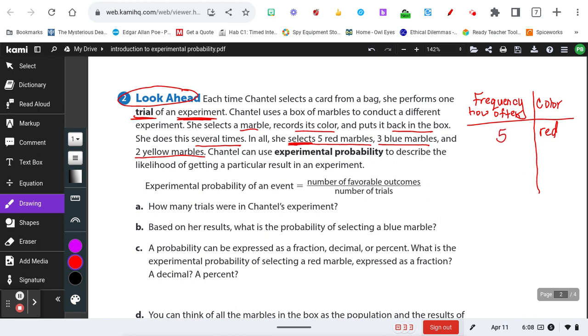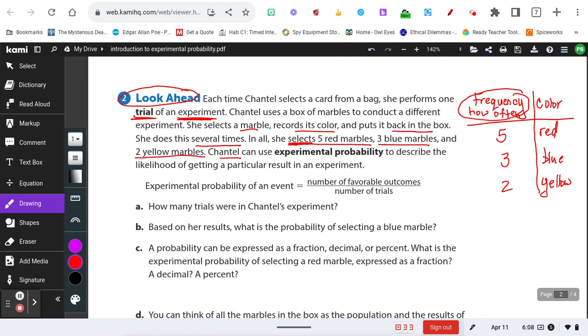She picked it 5 times. For the color blue, how often did she pick the color blue? She picked it 3 times. And for the color yellow, she picked it twice. These are all frequencies. Sometimes your frequencies will be represented with tally marks or dot plots, or just in a table like I did. All right, let's go on.